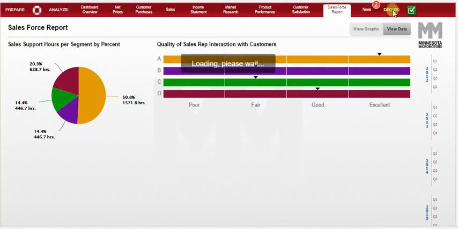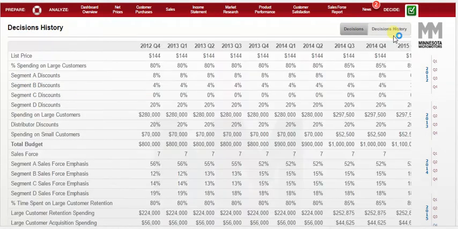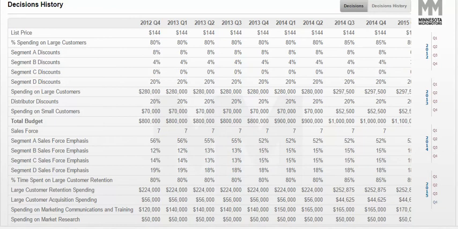So now I'm going to explain my market strategy on how I got to the 9.6 million through the different quarters. So as you can see, I started with a lower price. So I started at 144, and then I kind of kept the price the same so that I could build the relationship with the customer, because that's the most important.